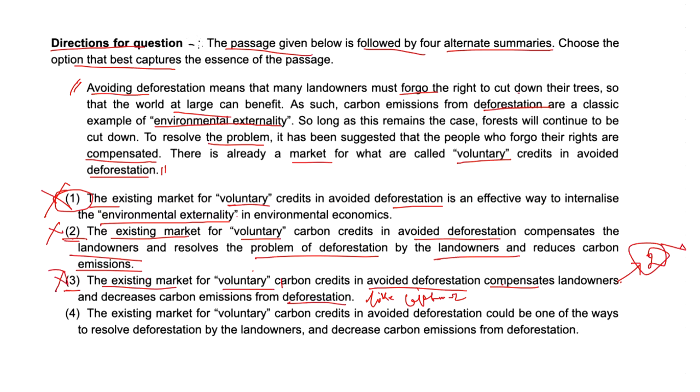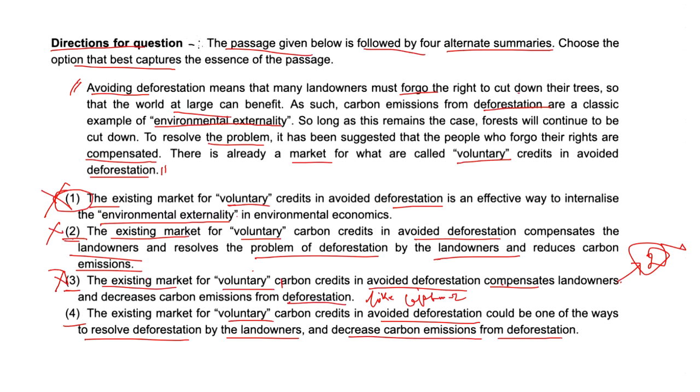Look at option 4. Option 4 states the existing market for voluntary carbon credits in avoided deforestation could be one of the ways to resolve deforestation by the landowners and decrease carbon emissions from deforestation.